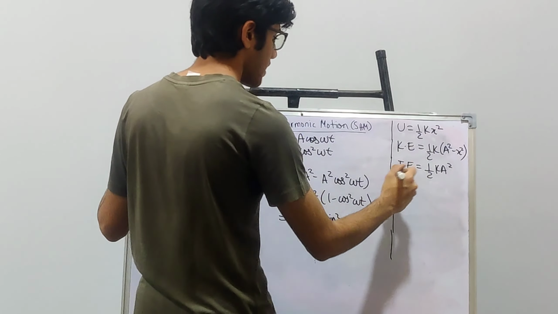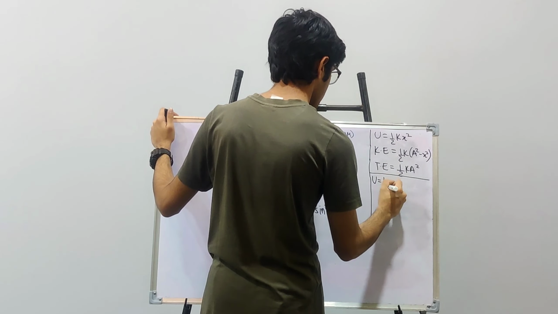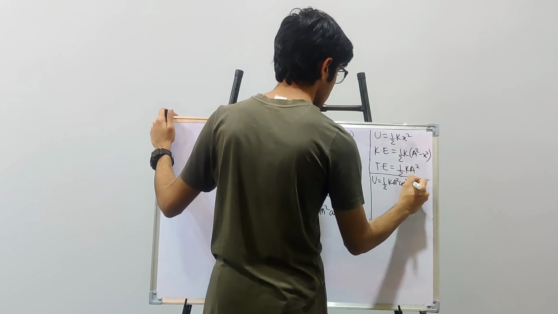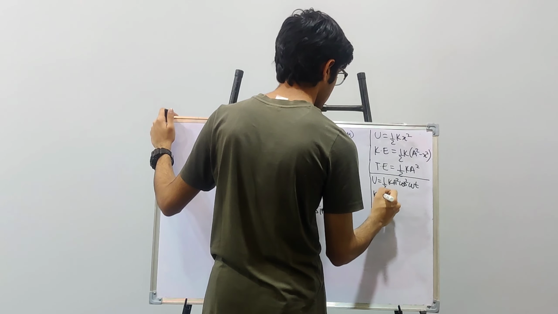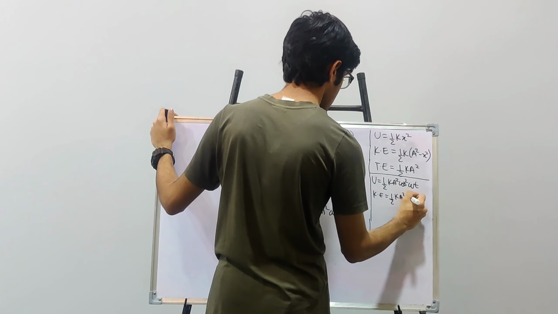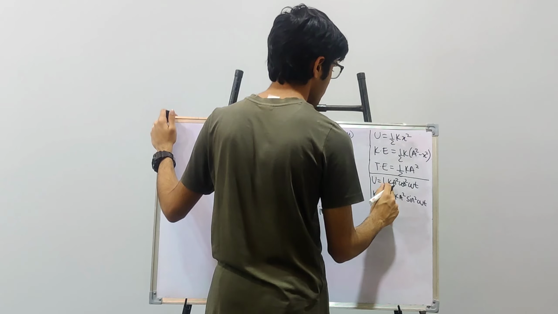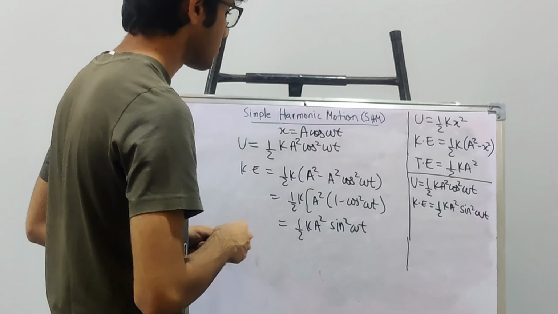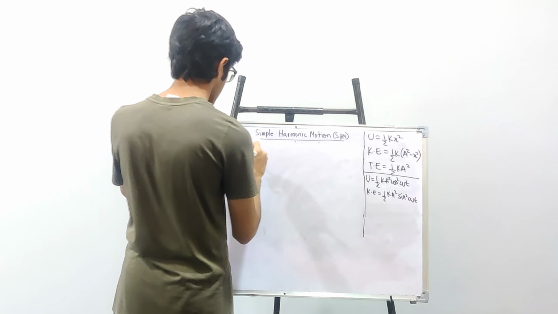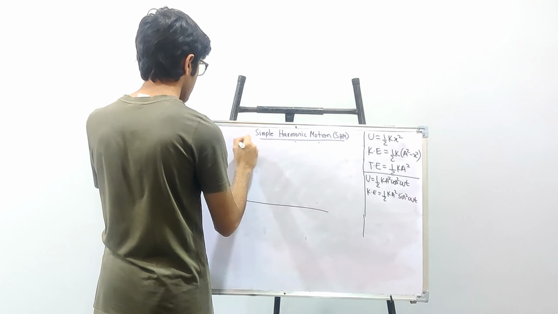I'll just write the formulas here. Potential energy with respect to time is half k a square cos square omega t. Kinetic energy is half k a square sine square omega t. You can always replace k by m omega square. So now let us see the graph of energy with respect to time. This is energy, this is time.